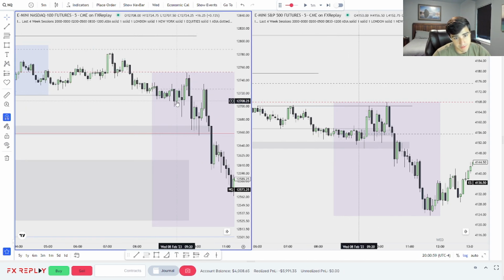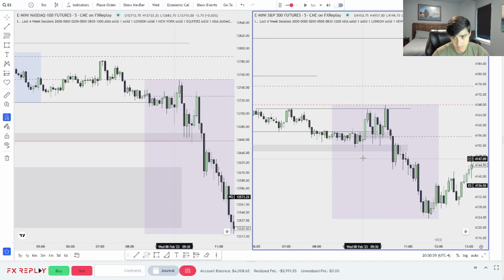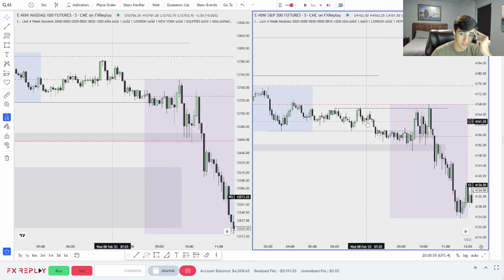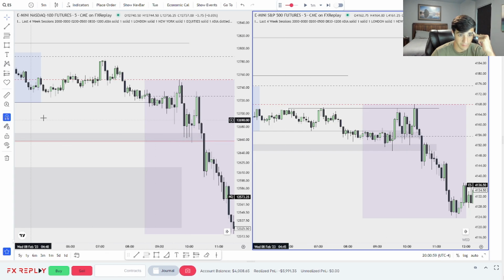We had this accumulation range. We initially dropped down lower, traded back into the range. Not even a bad trade idea. Really isn't. I could have had a really, really tiny scalp targeting this high. Man, that probably wouldn't even be worth the risk.